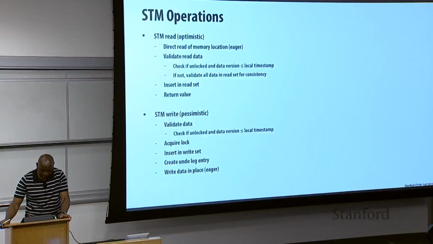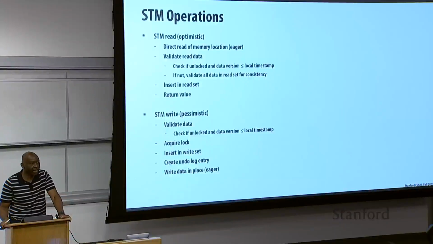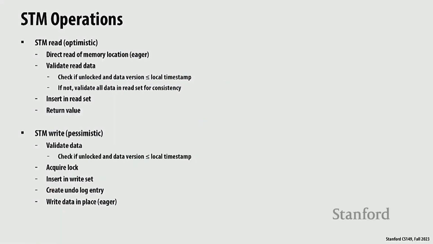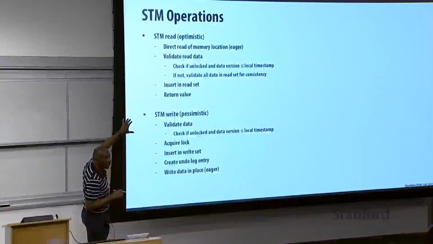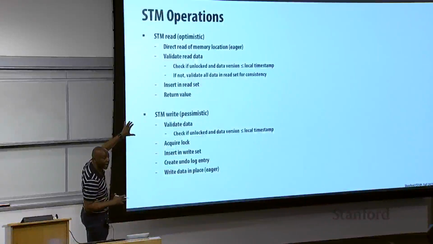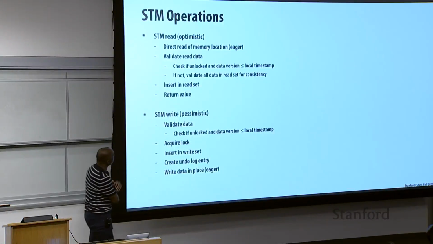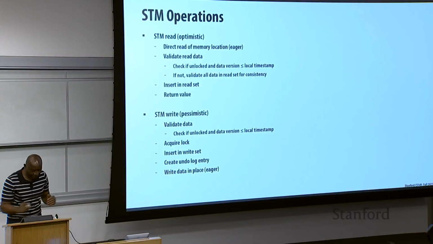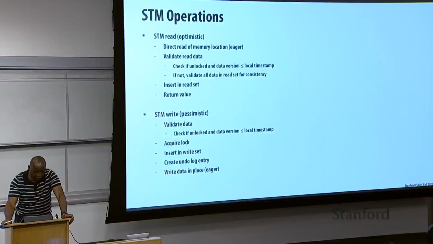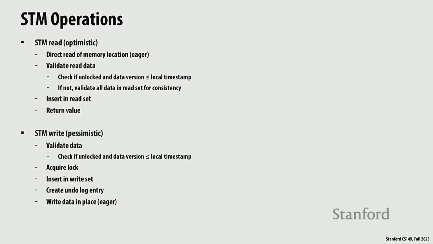And this is optimistic in the sense that even though, as we'll see, you do try and validate the data that you are about to read, once you've done that, you're golden until some other transaction decides to commit. In this case, it's eager, so it's a direct read from the memory location. You validate the data you're trying to read by checking to see that it's unlocked, right?